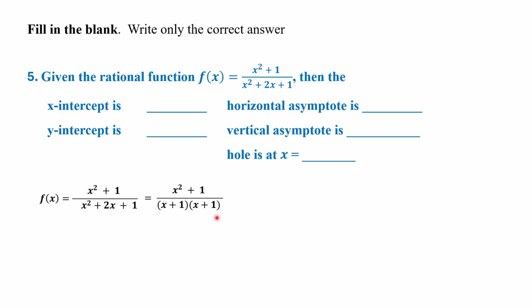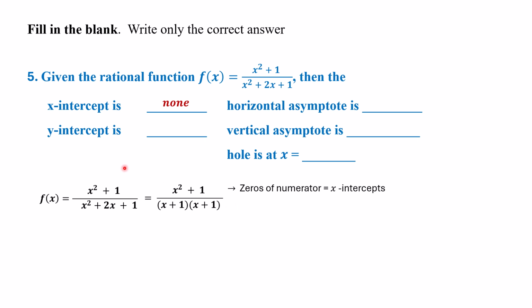In finding the x-intercept of a rational function, the x-intercepts are the zeros of the numerator. Since we cannot find a zero here because it is prime and can never be zero, there is no x-intercept.